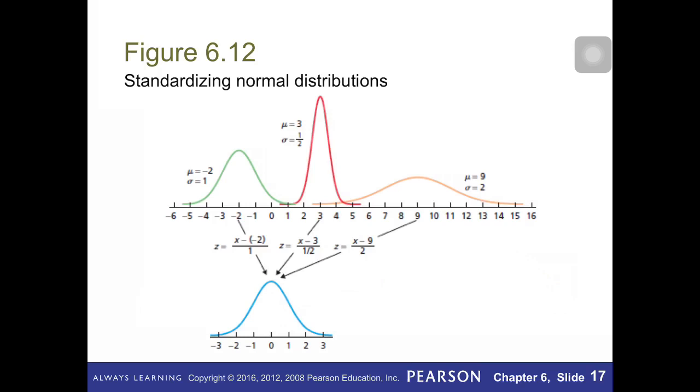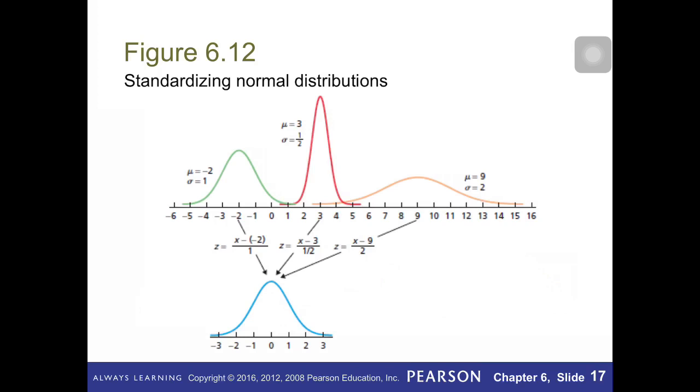Here there are three normal distributions, sorry, they are not standard normal distributions, they are normal distributions: green color, red color, and yellow color. First, consider the green normal curve.